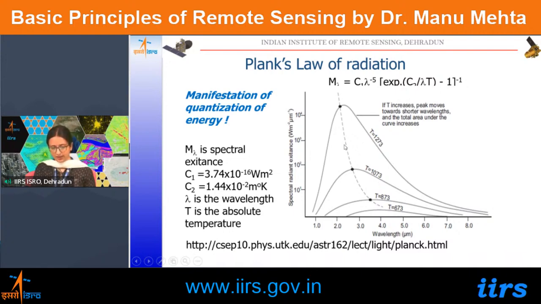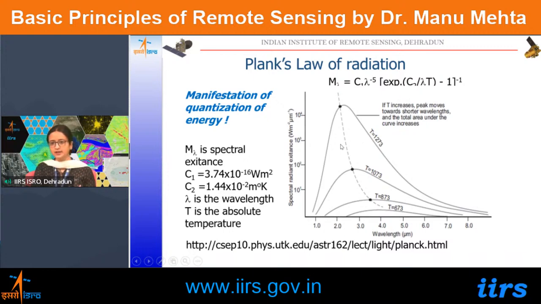So what do we see? The other point here is, as you keep on increasing the temperature, the excitance increases at all the wavelengths. That means what will happen as you heat up the source? Number one, the excitance keeps on increasing at all the wavelengths. And number two, another interesting feature is the peak emission wavelength starts shifting towards the lower wavelength side.